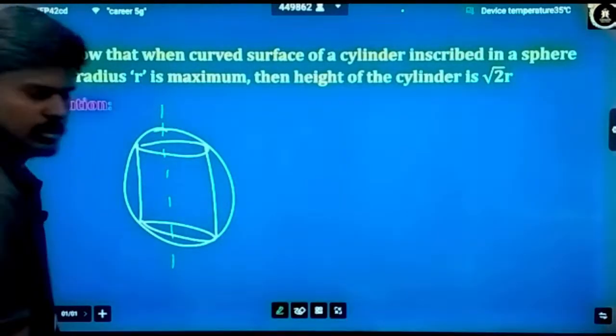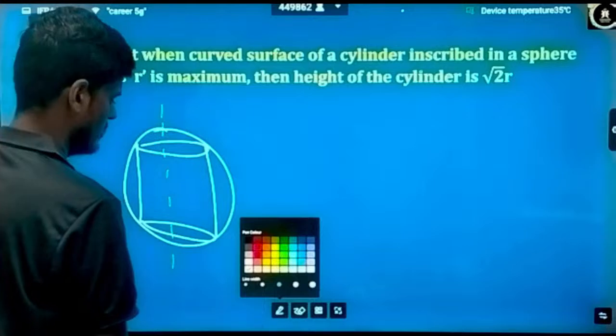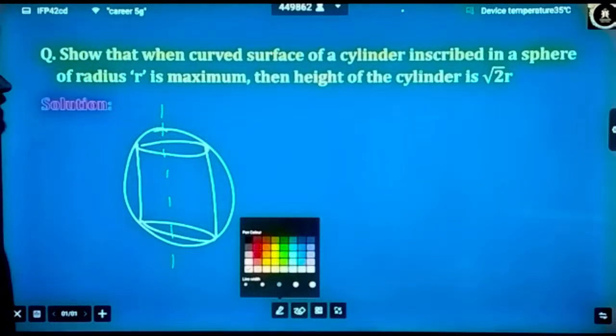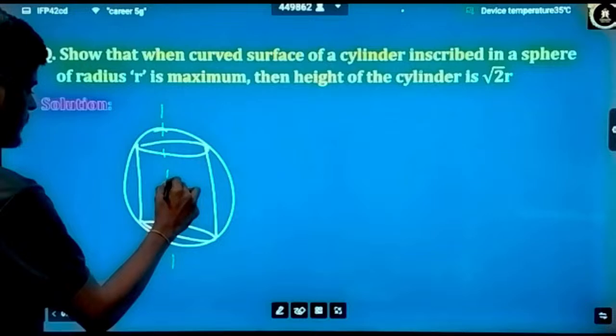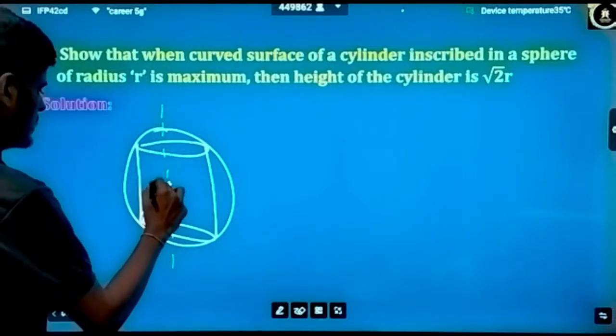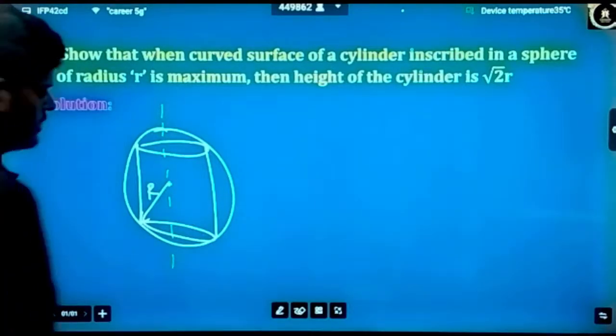Let this be the axis. Next, what is given? Sphere of radius r. So the sphere has radius r. Let this be radius r.